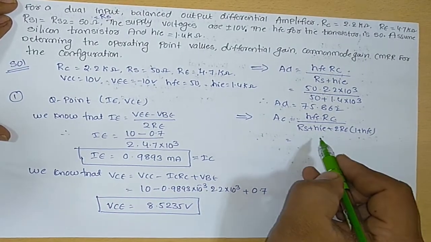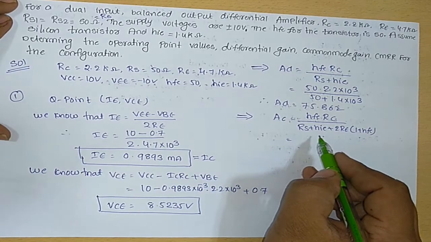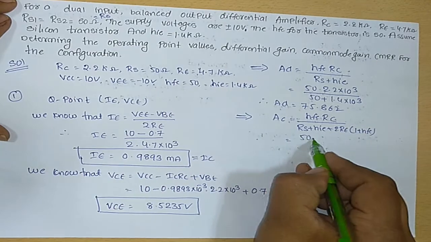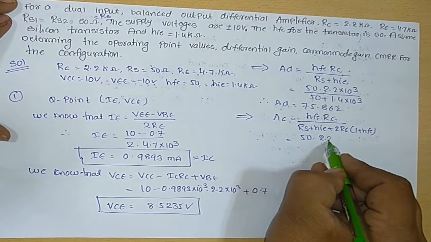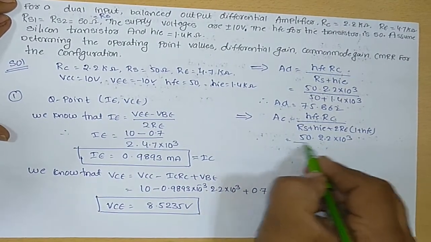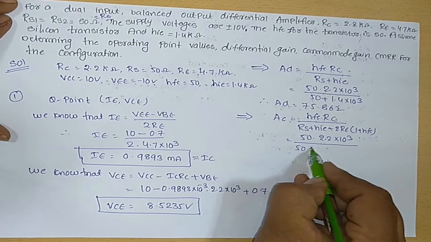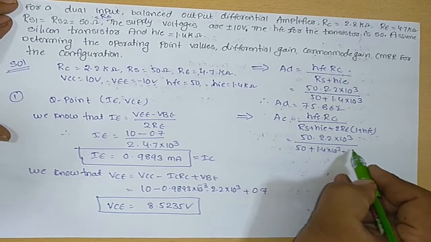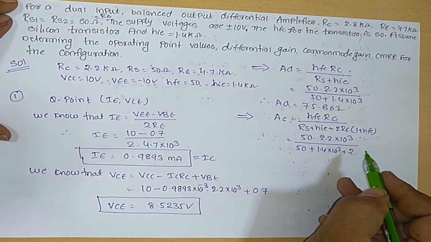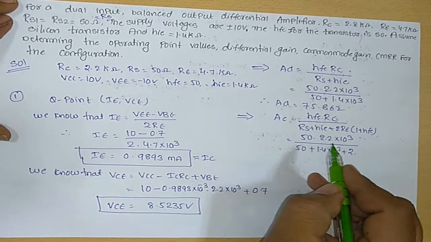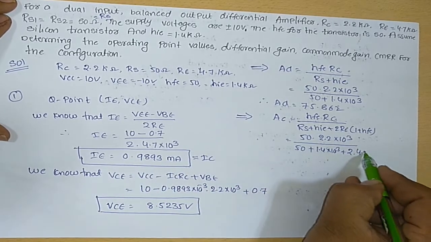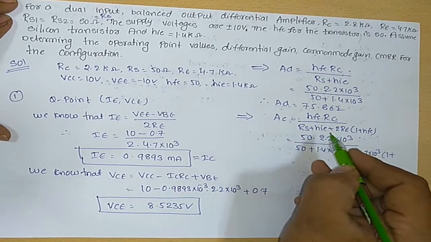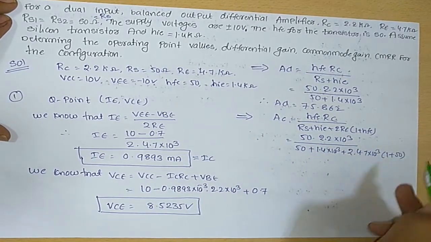In this formula we substitute all these values: HFE equal to 50, RC equal to 2.2 into 10 power of 3, RS equal to 50, HIE equal to 1.4 into 10 power of 3, plus 2 into RE, 4.7 into 10 power of 3, of 1 plus HFE, 50.